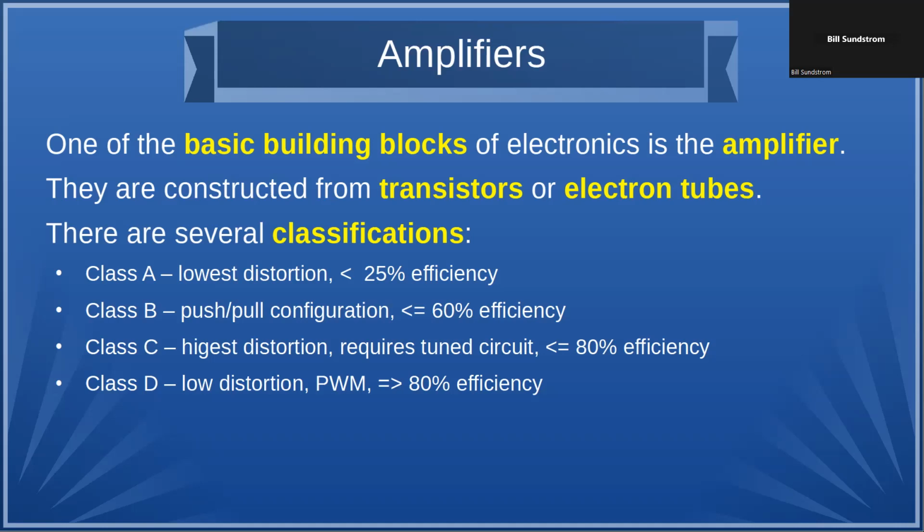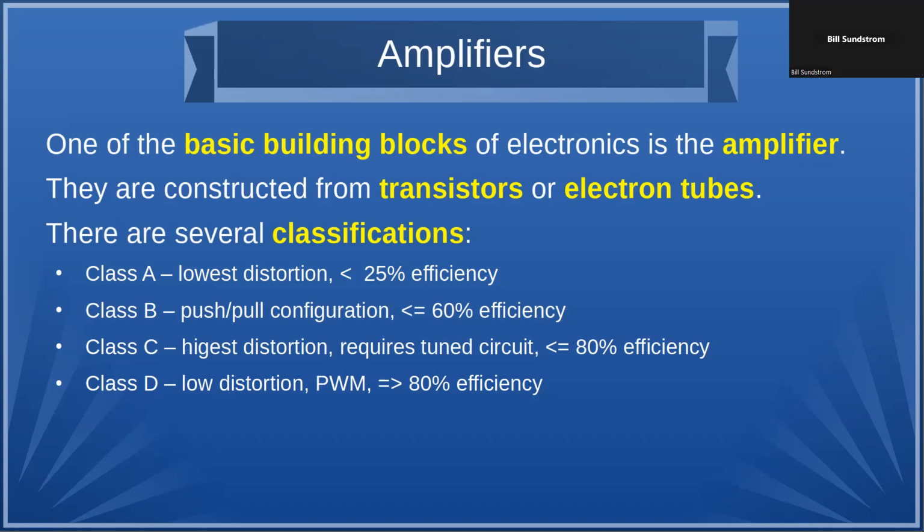Usually some combination of bipolar and MOSFETs. And we classify the amplifiers essentially into class A, B, C, and D based on their configuration and their efficiency.